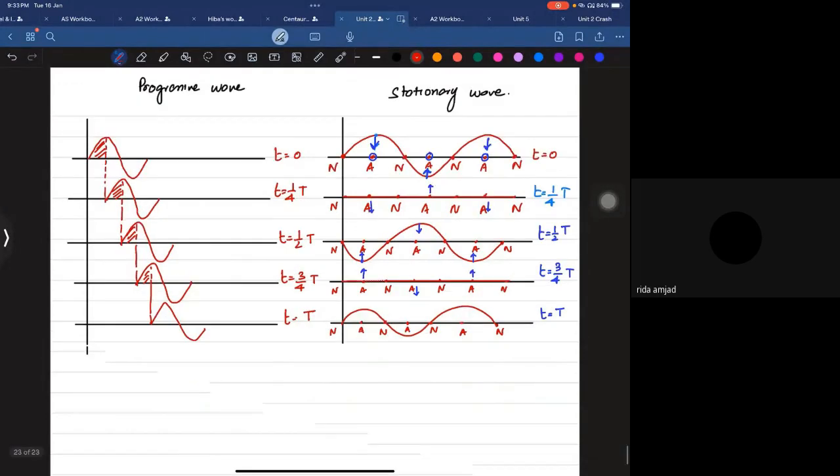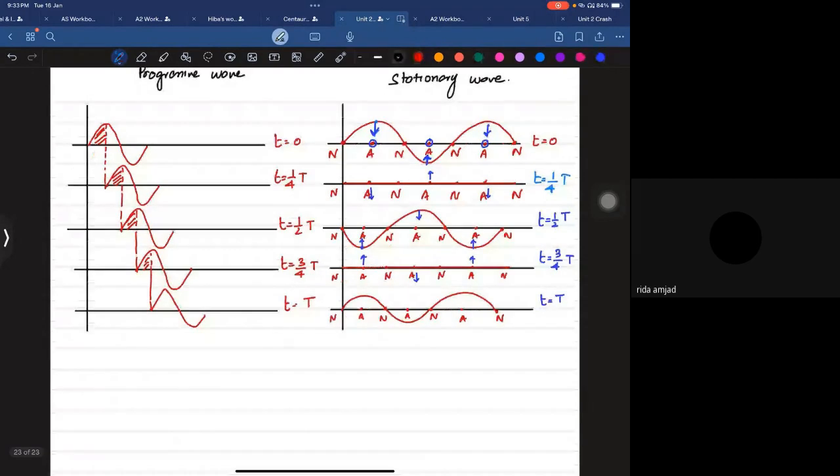Now, basically, you guys need to understand that a progressive wave has crests and troughs. This has nodes and antinodes.